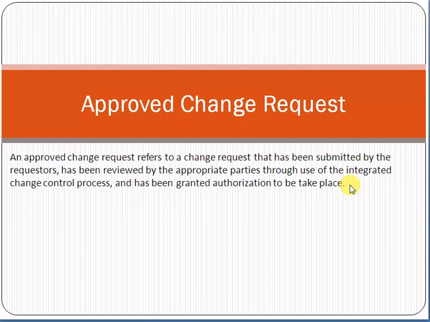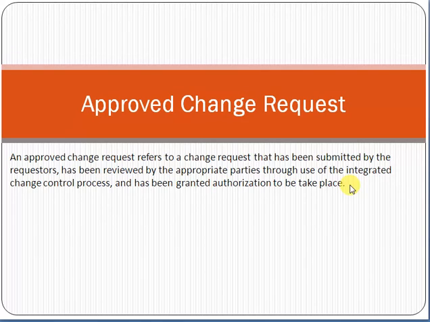So once the change request has been approved by the concerned authorities like the CTO, the change control board, the baseline of your project like the project plan, the schedule, cost, scope would also be revised. How?